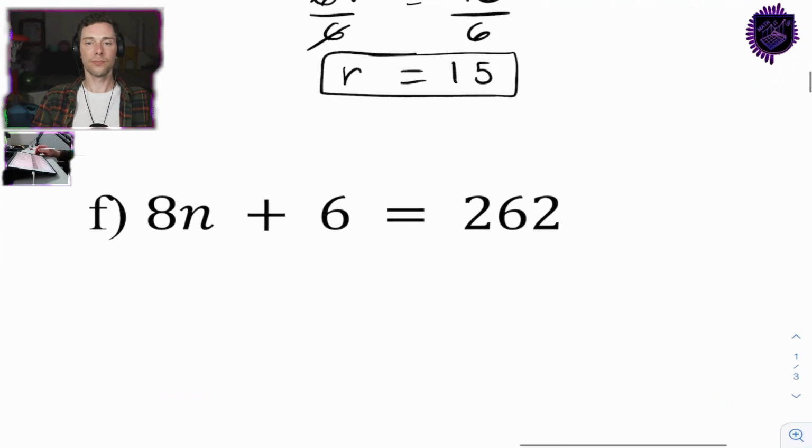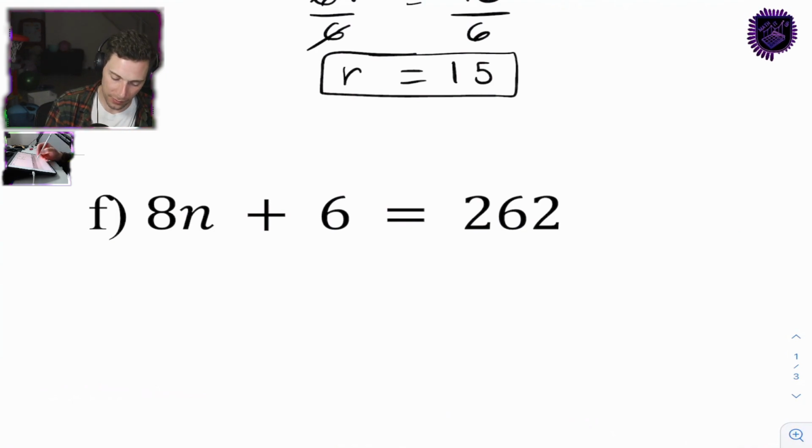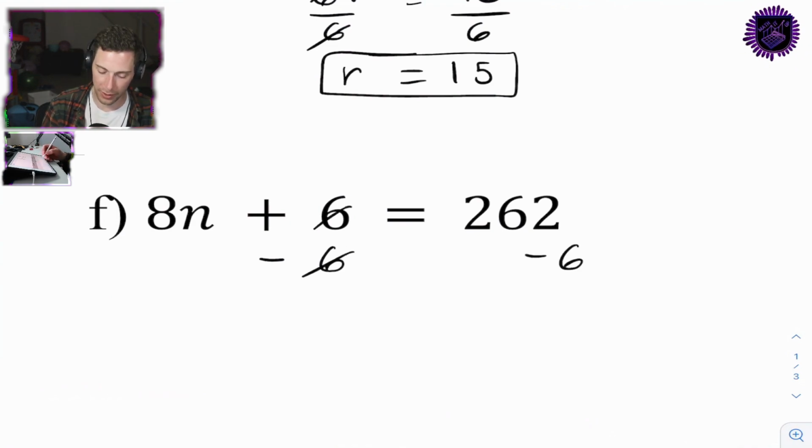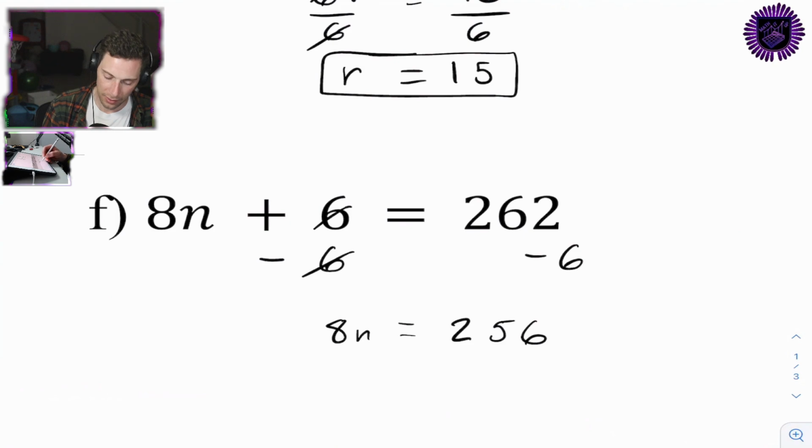Next question. 8 times n plus 6 is 262. Let's get rid of our 6. Move to the other side, isolating our term with the variable in it, and that means 8n is equal to 262 minus 6, which is 256. 256, yeah. Divide by 8, divide by 8.